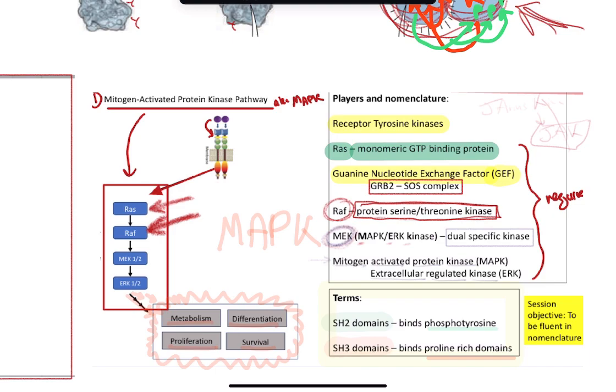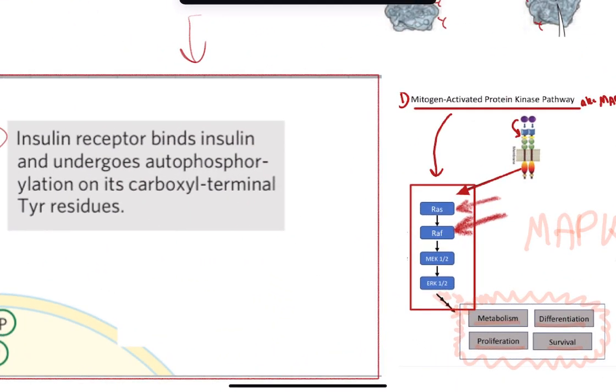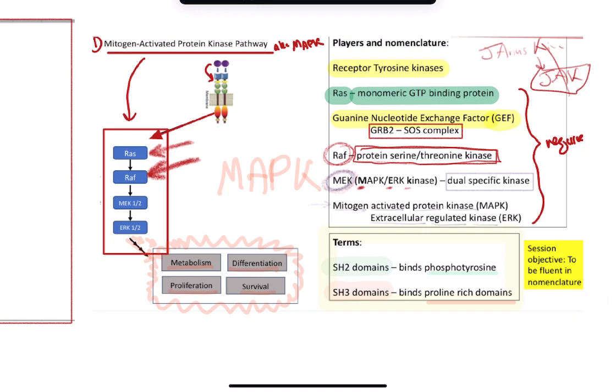MEK, what is MEK? Okay, MEK. That is basically just a little, kind of like, remember we had the Janus kinase, and that just became JAK. Again, I'm highlighting nomenclature here because that is a major aspect of this whole discussion. So Janus and kinase become JAK, J-A-K. Here, instead, we have the MAPK/ERK kinase, M-E-K, MEK.